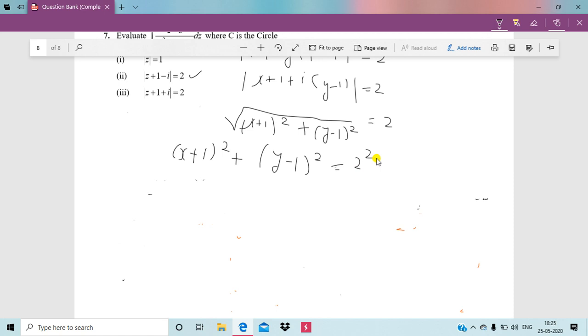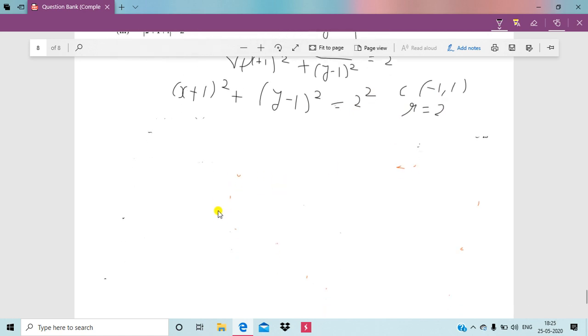And on squaring, it will be a circle. So when we compare it with x minus h whole square plus y minus k whole square is equal to r square, it's a circle whose center is minus 1, 1. So its center is minus 1, 1 and it has radius 2. So it's a circle whose center is minus 1, 1 and radius is 2.